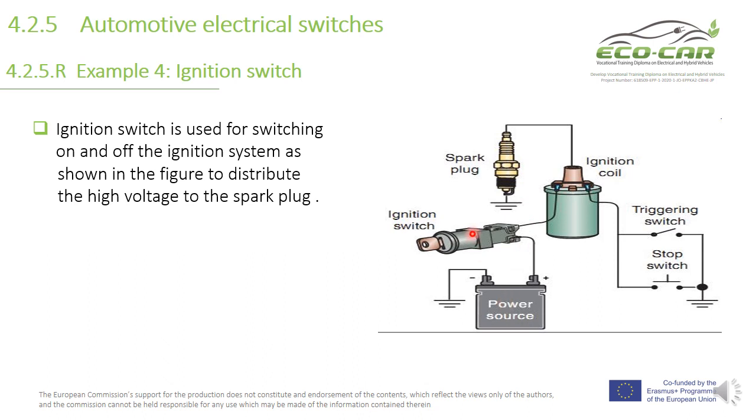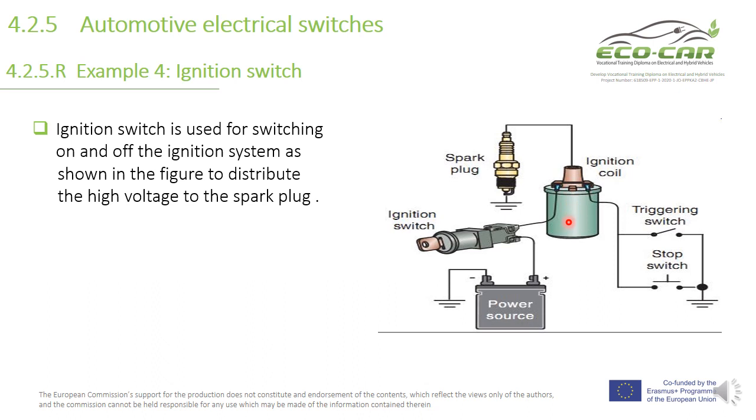So this ignition switch is used to switch on the current from the positive terminal of the DC source to the other side. When the switch is on, we have here a positive electrical current, and we have here electrical ground, which is the same as the negative terminal of the battery.